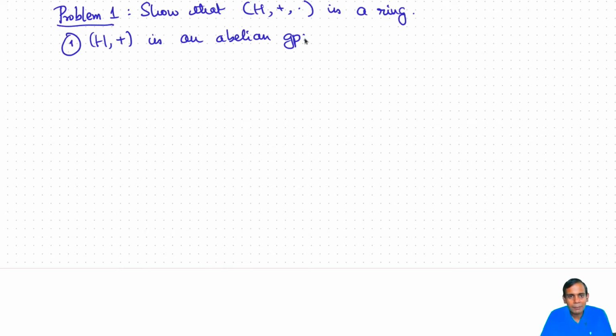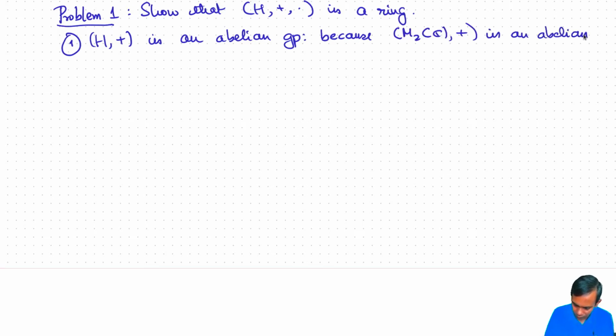We just accept the fact to start with that M2C is a ring, and so (M2C, +) is an abelian group. So we just need to check that (H, +) is a subgroup.